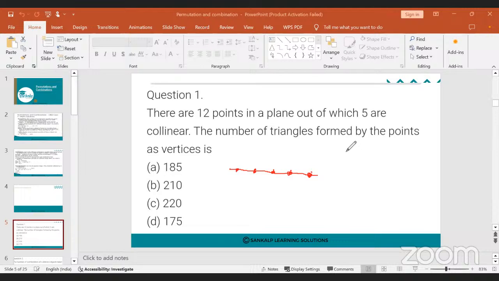That is 12C3. Why? Because to form a triangle we require a minimum of 3 points. So 12C3, try to calculate it and give the answer fast.